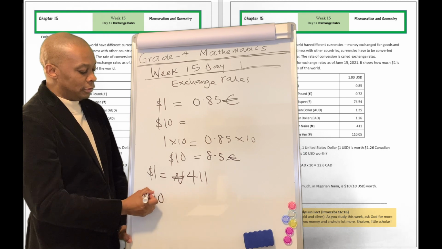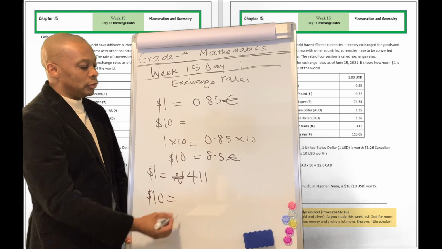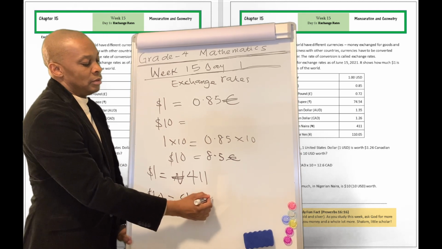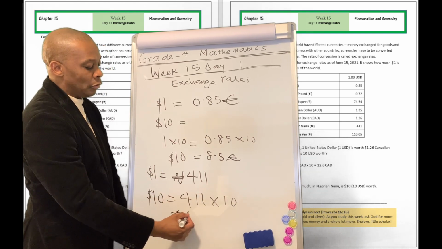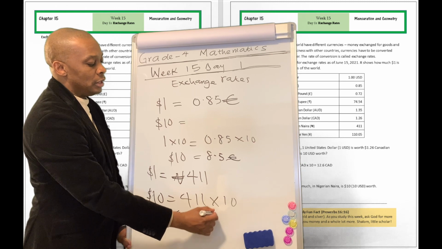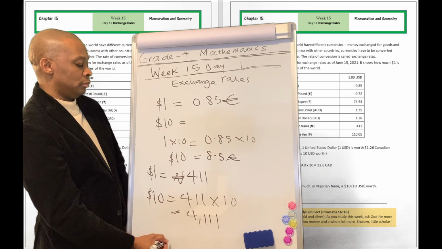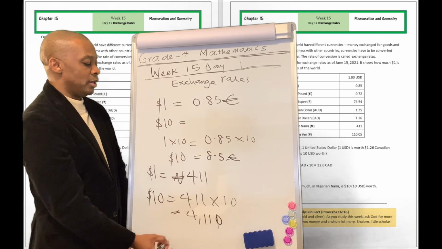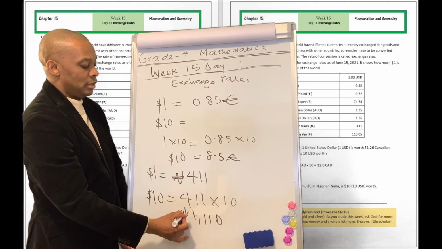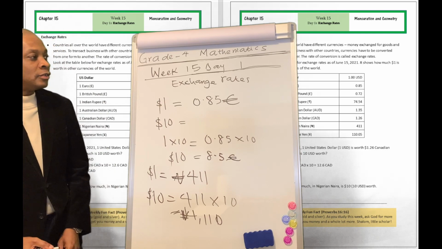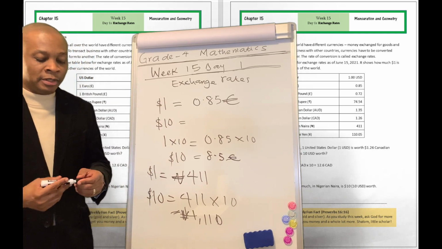Well, $10 is going to be equivalent to 411 multiplied by 10, which is 4,110 naira. All right, so that's how to play around with exchange rates.